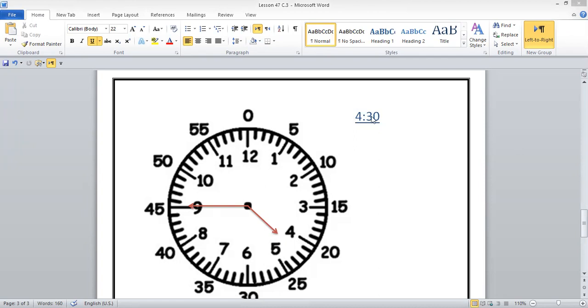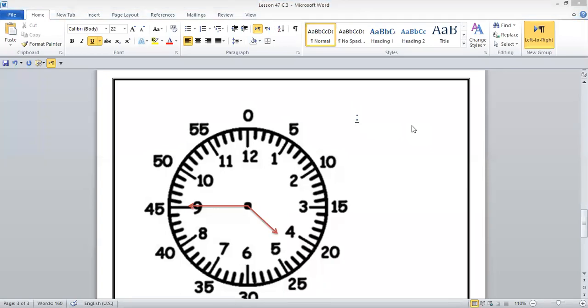How will you write the time? 4:45. Okay, that's very good. Let me take one more student, Os. Os, can you hear me? Yes, sir. Please tell me the time.